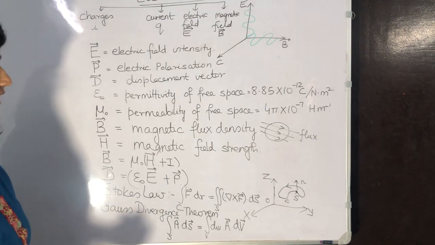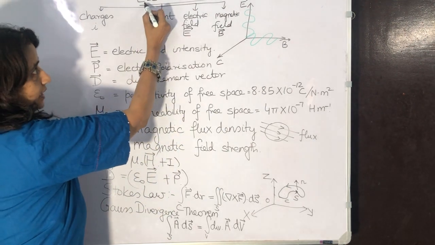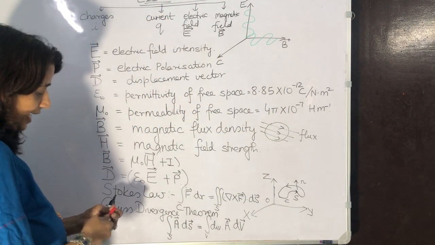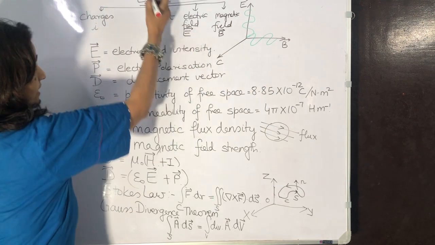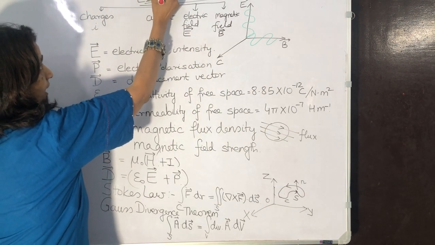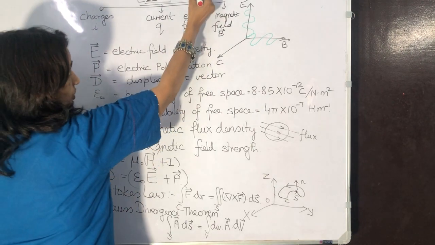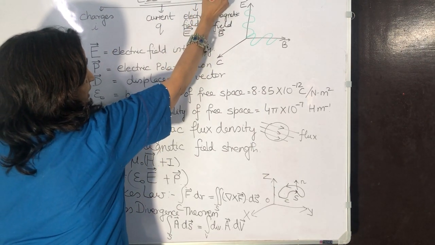So let us begin. Electro comes from the word electricity, and magnetism is what you are doing in the magnetic field theory.